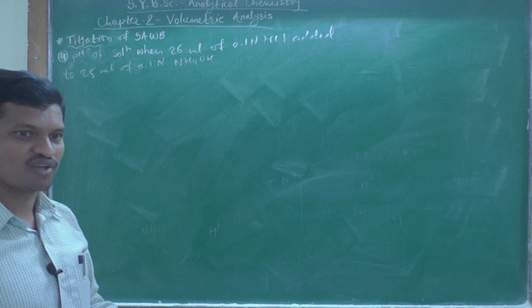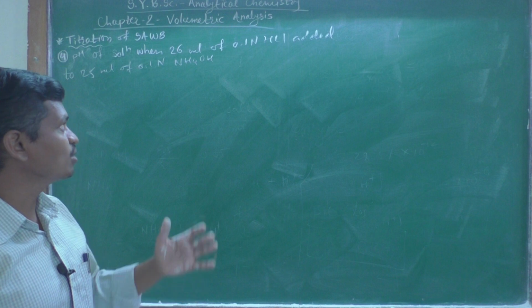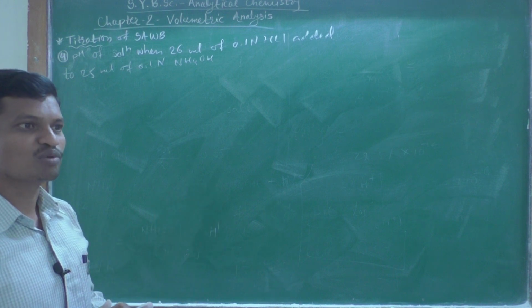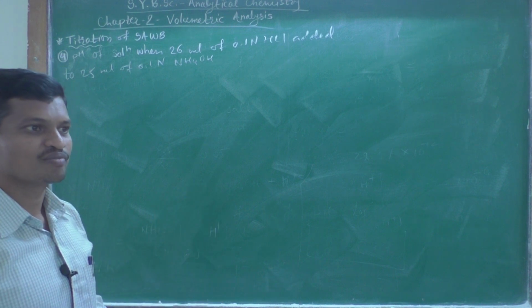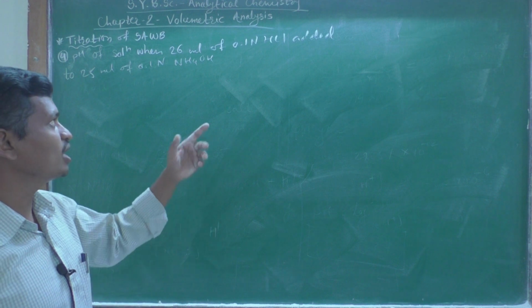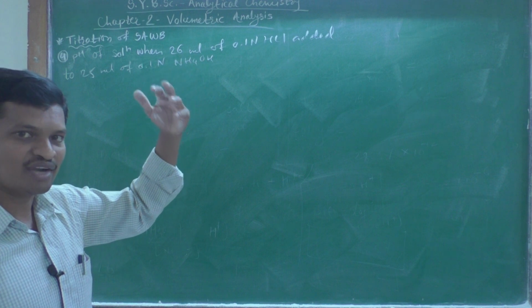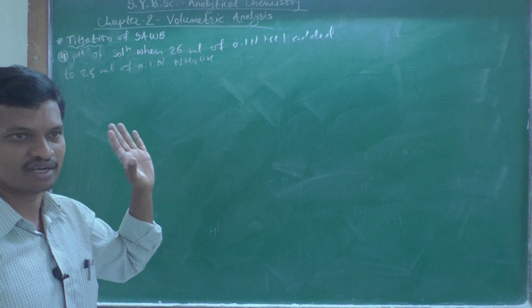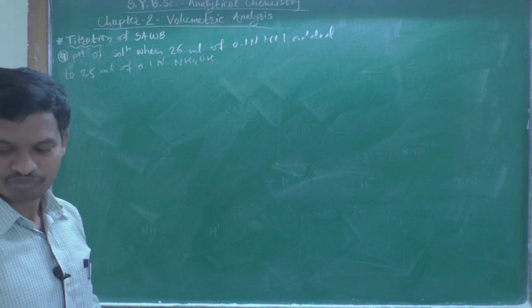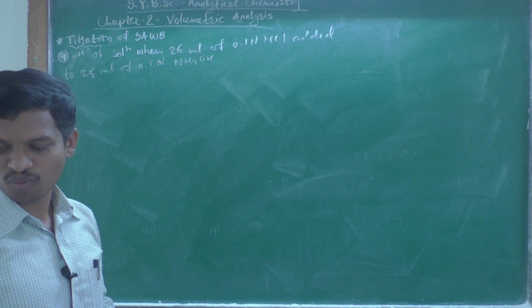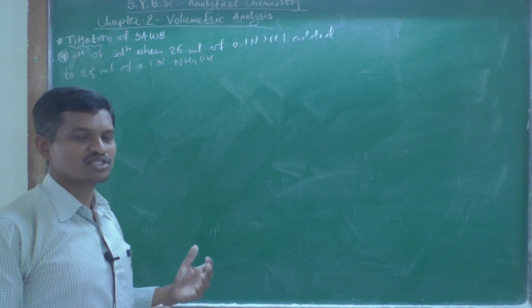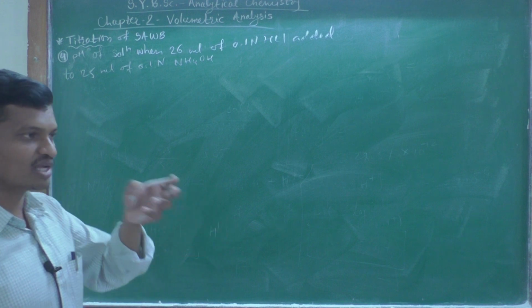So in our conical flask, whatever ammonium hydroxide was there was totally neutralized, and only 1 ml of 0.1 normal HCl extra that was added from the burette is remaining unreacted. So in this case we have only H plus ion concentration in excess that we have to calculate.